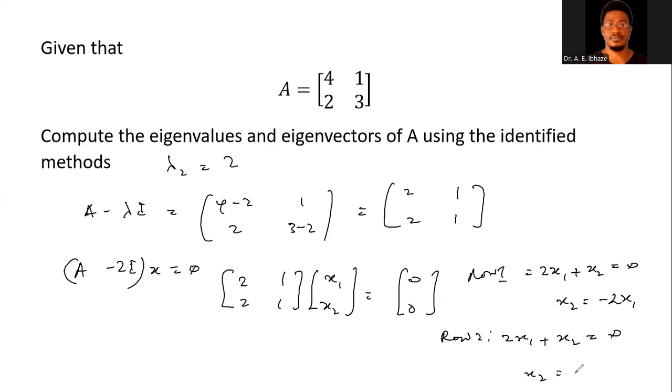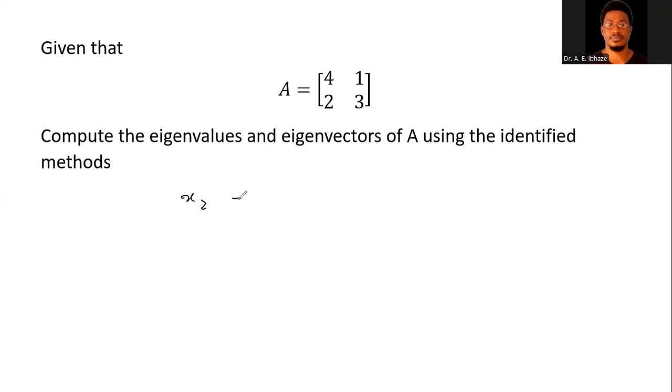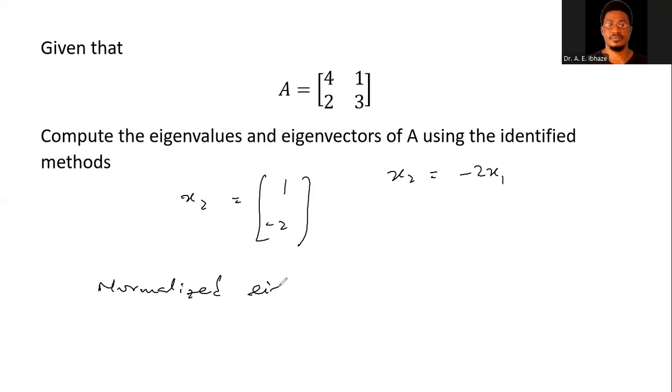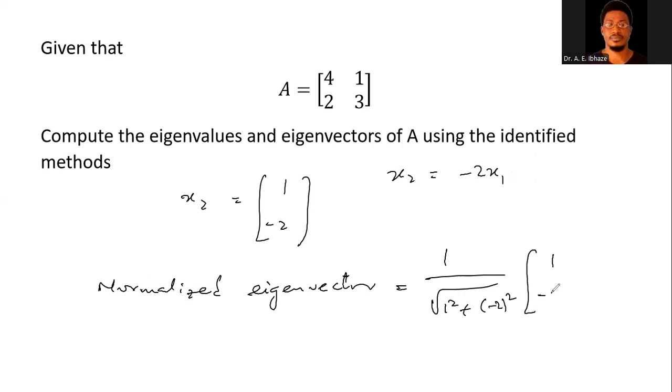So S2 will be the same as minus 2S1. So then the eigenvector will be 1, minus 2, since S2 is the same as negative 2S1. So when S1 is 1, then S2 will be minus 2. And then the normalized eigenvector will be the same as 1 over square root of 1 squared plus minus 2 squared times 1, minus 2.